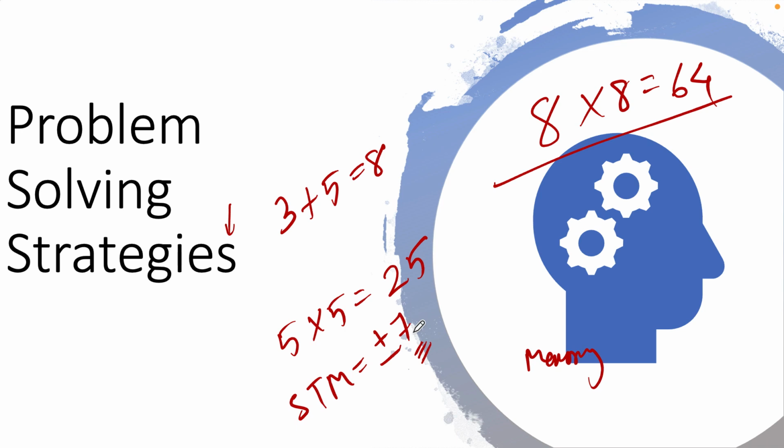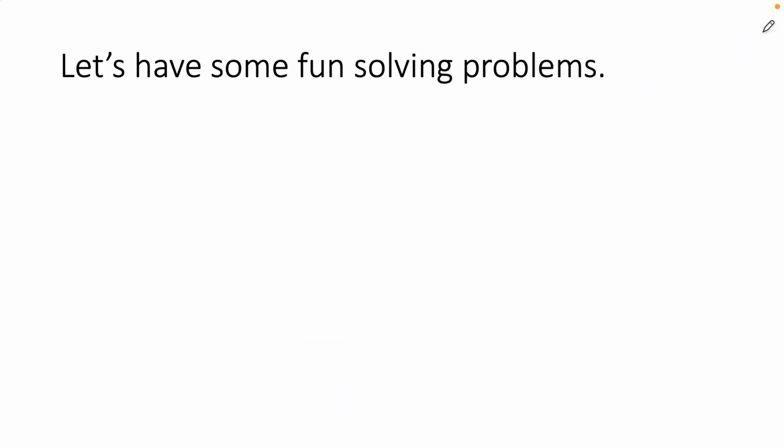If you remember the games we played, you can only remember so many. After 7, it becomes overwhelming because your brain is trying to hold too much information in short-term memory. The same thing applies when you solve problems. When you try to solve a problem that has more than simple addition or multiplication, you need a few more strategies. And that's what we're going to have fun with in the next couple of slides, right?